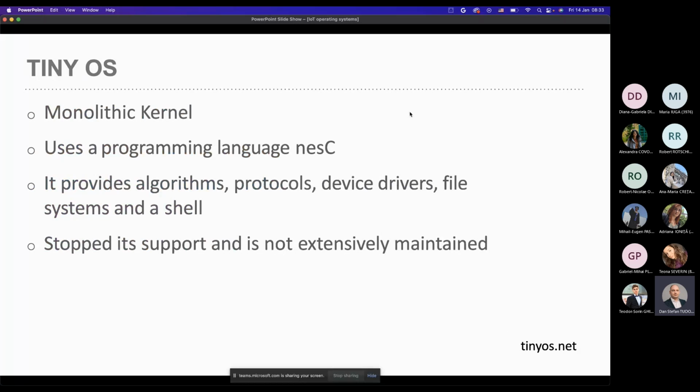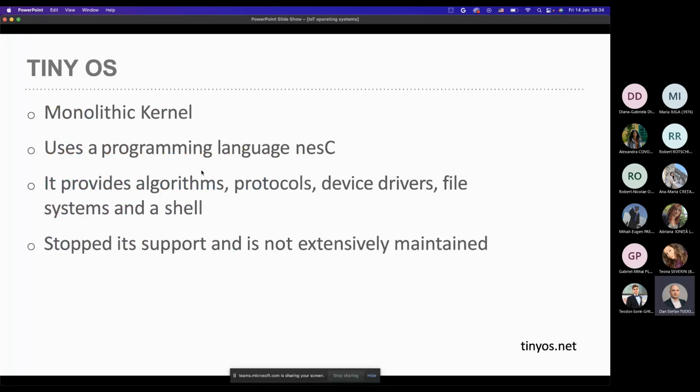It doesn't use a very well-known programming language. It uses a variant of C called nesC, and it provides algorithms, protocol stacks, device drivers, file systems, and also a serial shell that you can use to interact with the sensor node or the device that runs TinyOS.